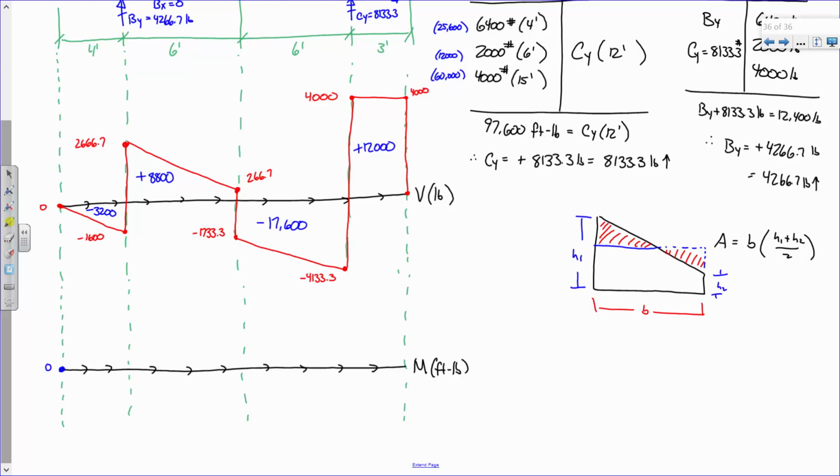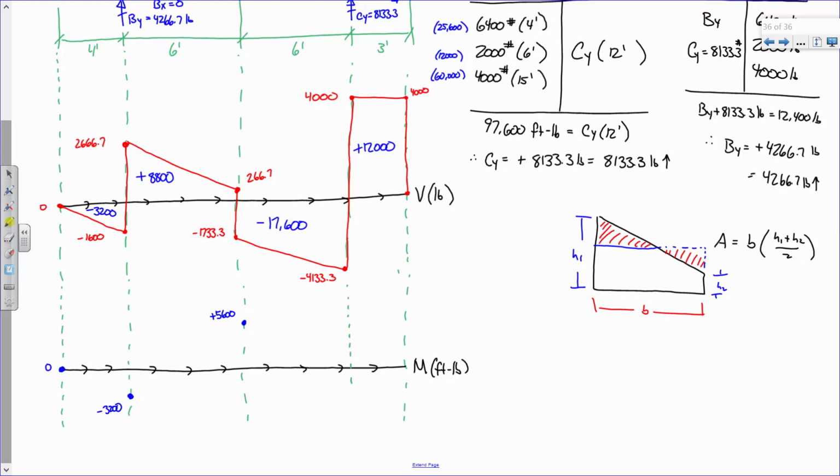I'm going to start at 0, and then from A to B, I know I'm going to go down 3,200, okay? Then from B to C, if I'm at negative 3,200 and I go up 8,800, what does that put me at? Plus 5,600.